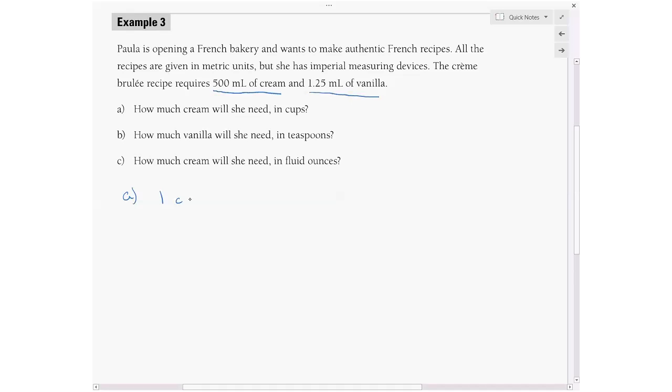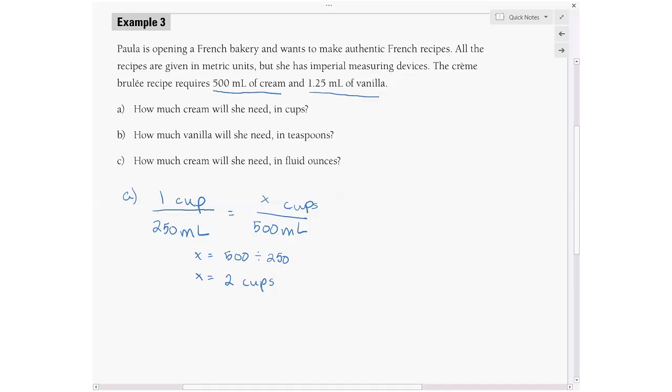Well, we saw that 1 cup was the same as 250 milliliters, and we have 500 milliliters, so we're going to put that on the bottom with the 250. And how many cups is that? Well, X is going to be 500 divided by 250, because we're going to take 500 times 1 divided by 250, and that is 2 cups.